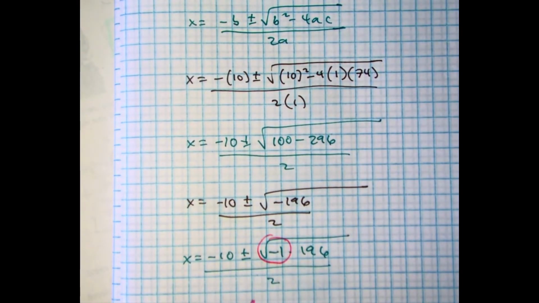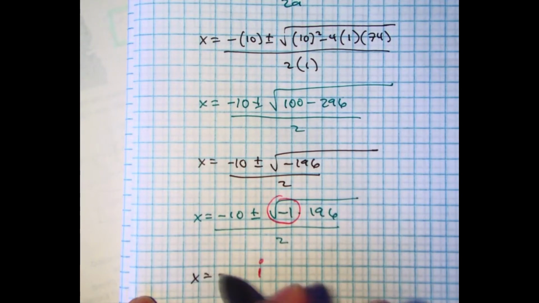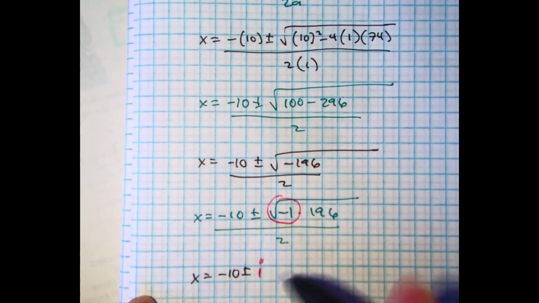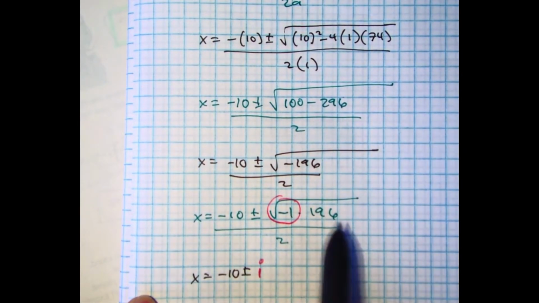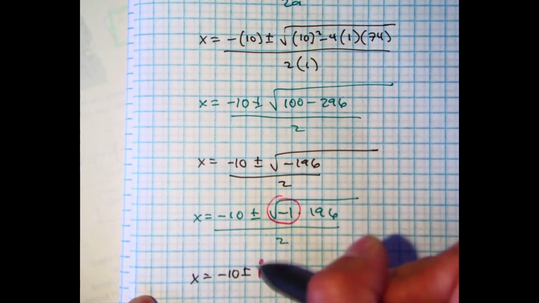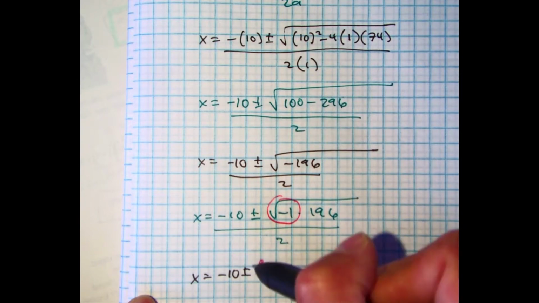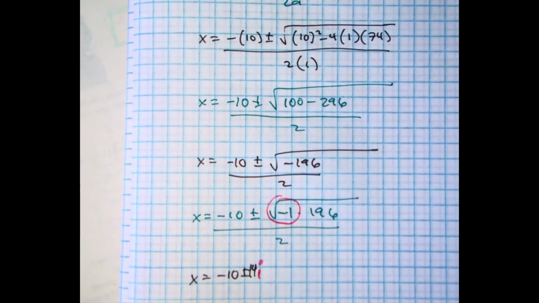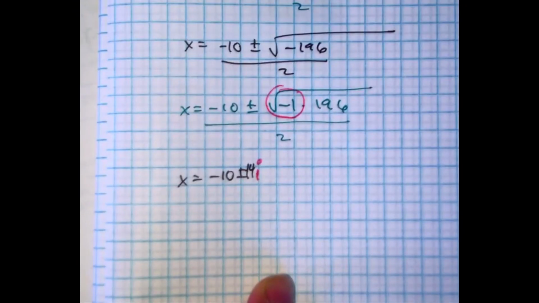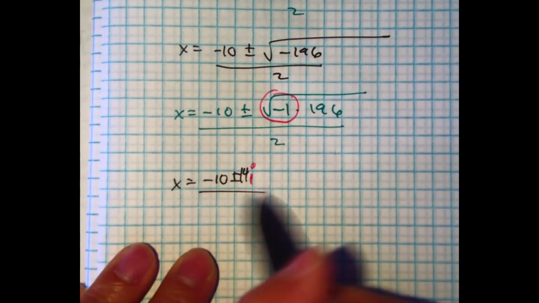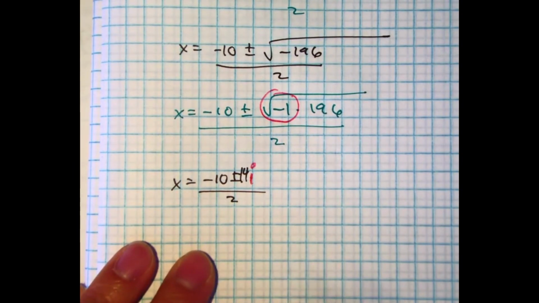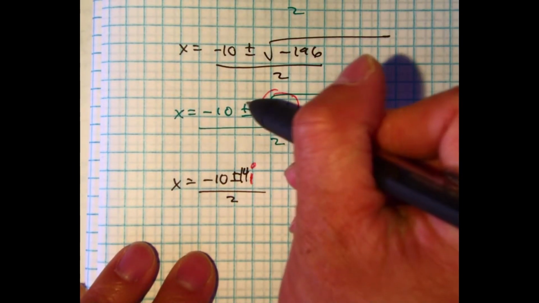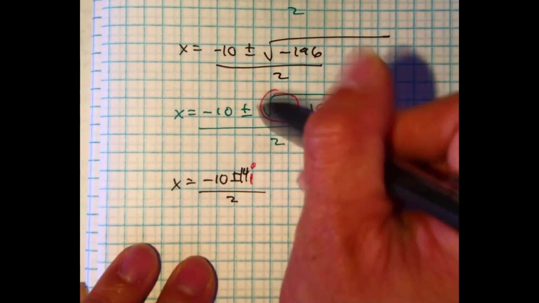So you're going to have x equals negative 10 plus or minus i, and then the square root of 196 is what? I would have written 14i, all over 2. Because the square root of 196 is 14, that's coming out. The square root of negative 1 is coming out, that's an i.